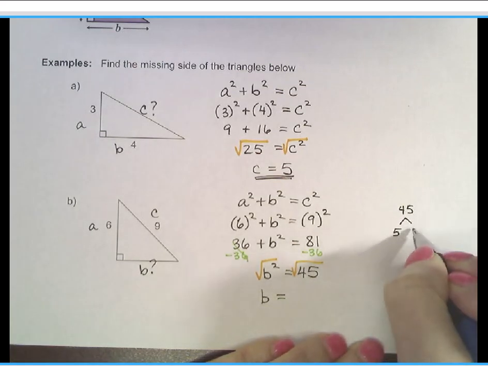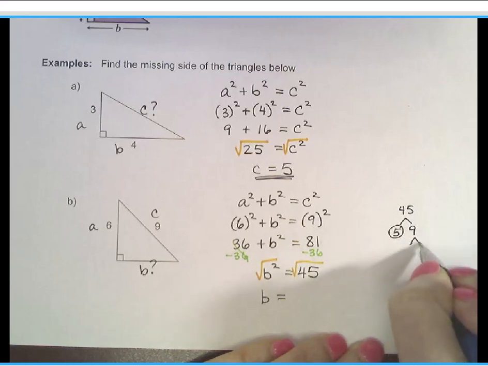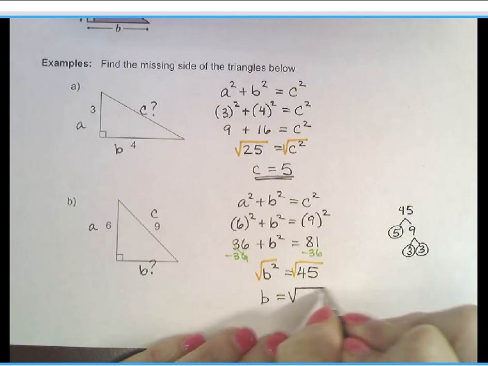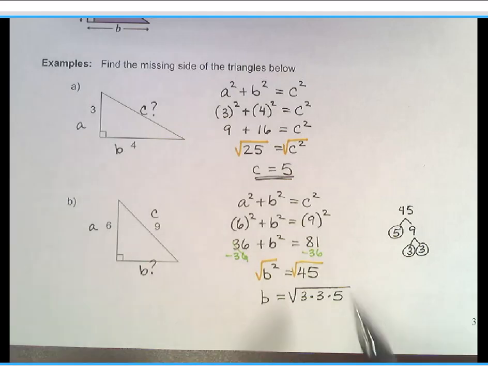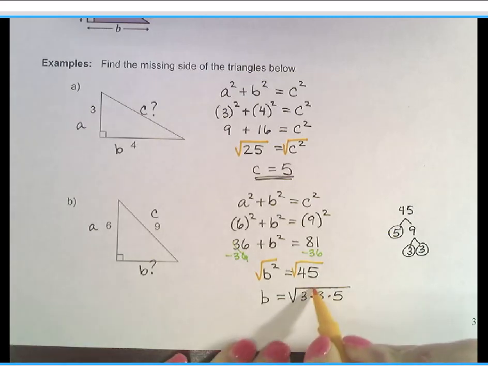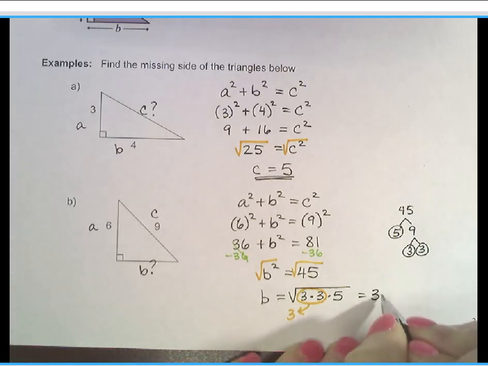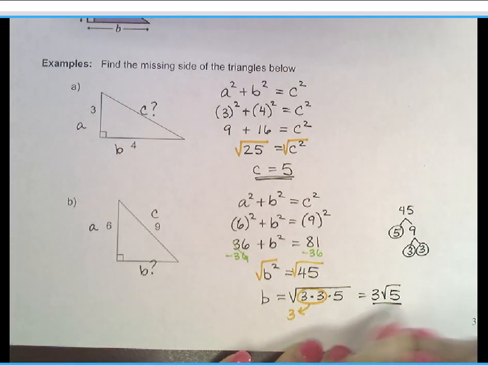That's 5 times 9, and 9 is 3 times 3. Okay, so square root of 45 is like saying, changing the 45 into its prime factorization. So 3 times 3 times 5. And the reason I'm doing that is because right there is a pair. So I can pull out a 3, and what's going to be left behind is a 5.